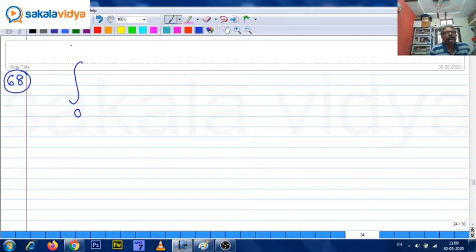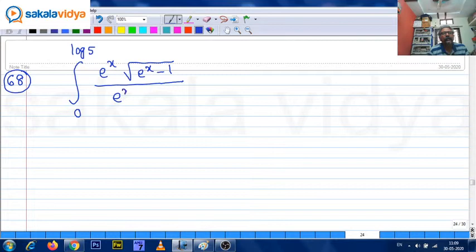Integral 0 to log 5 of e power x times root of (e power x minus 1) upon (e power x plus 3) dx.